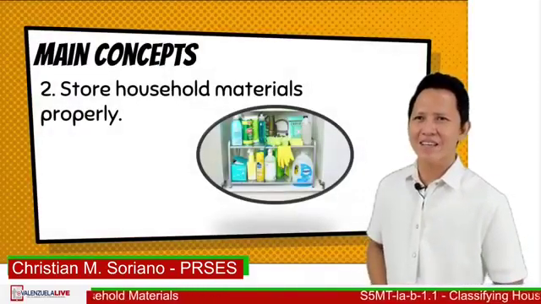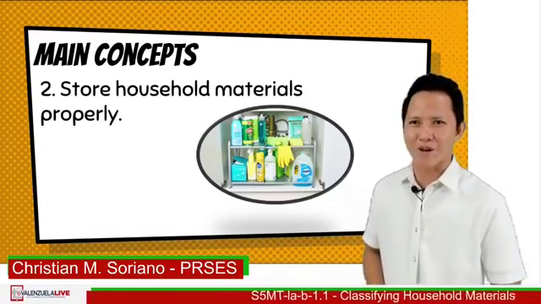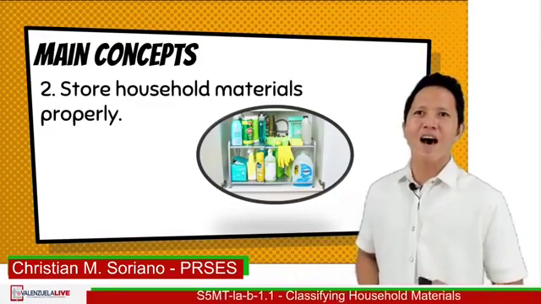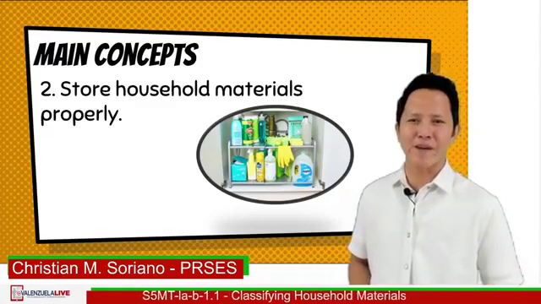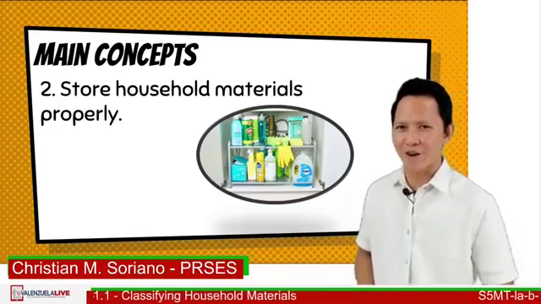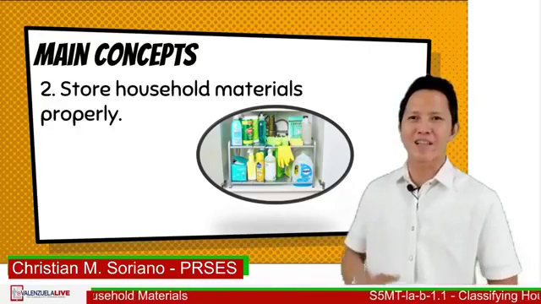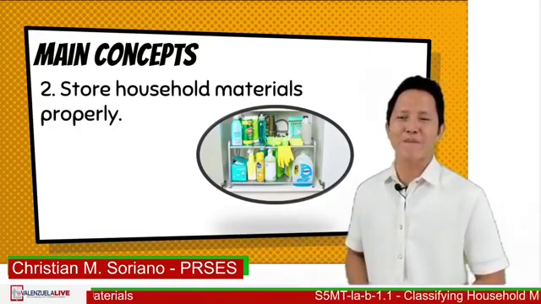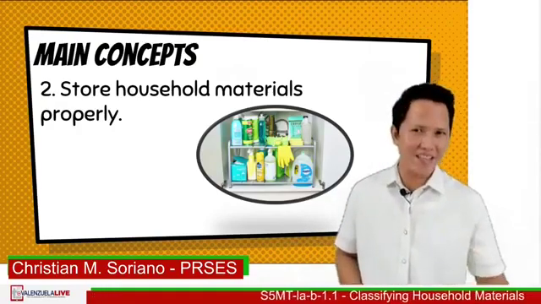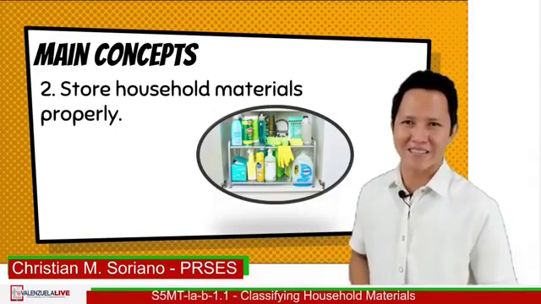And after we bought the products, of course, we should store household materials properly. What do we mean by properly storing them? You should have a particular place for the personal care products, a particular place for medicine, and as well as for the cleaning products.